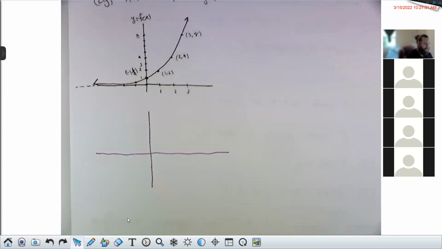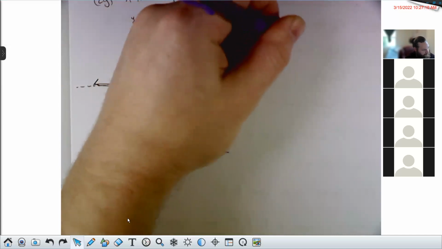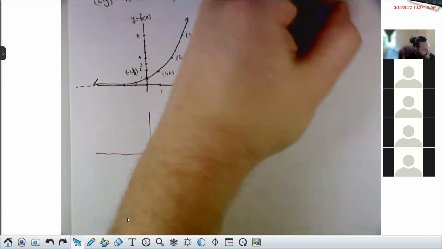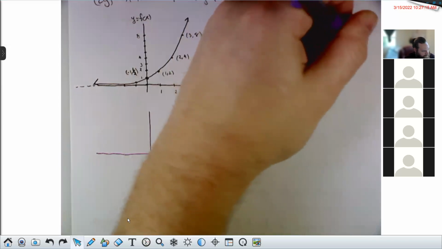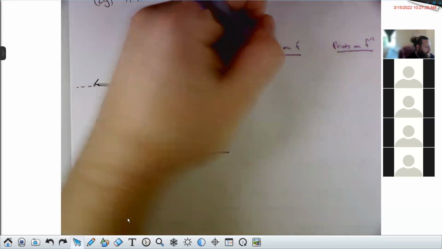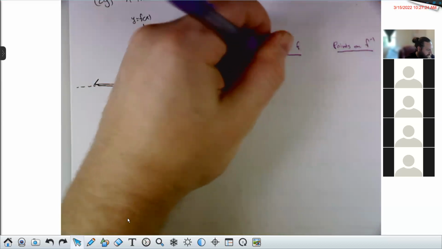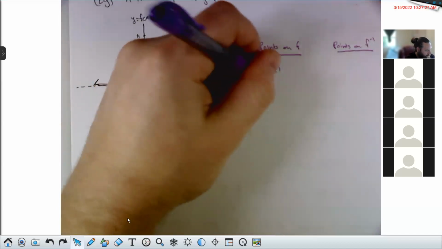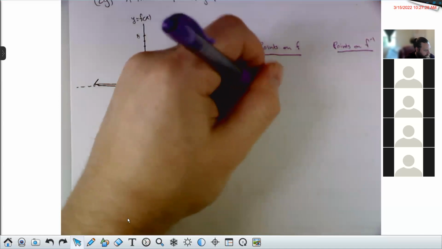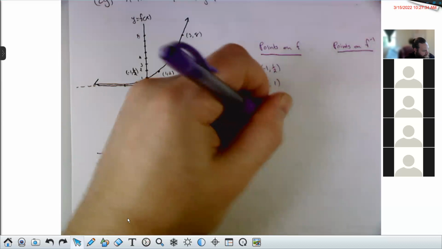And off to the side, I want to use that theorem to see if we can find some points on the graph of the inverse. So I'll just list those points that are on the graph of f. I've got (-1, 1/2), (0, 1), (1, 2), (2, 4), and (3, 8).